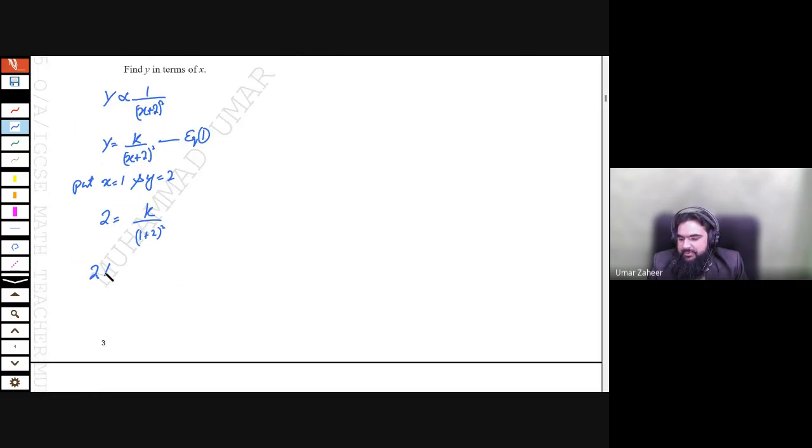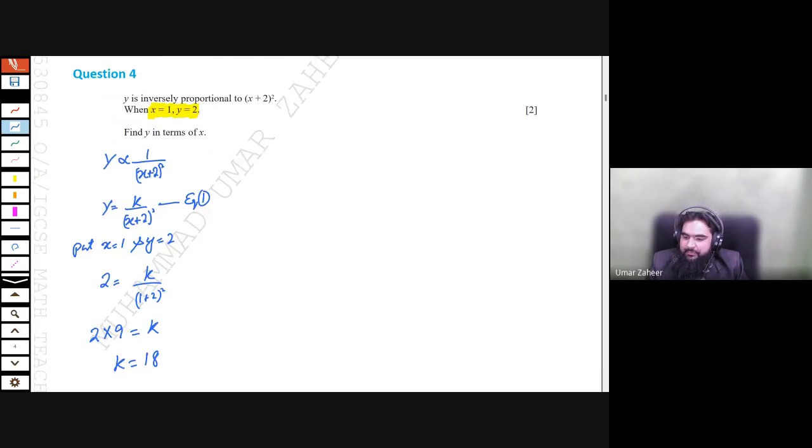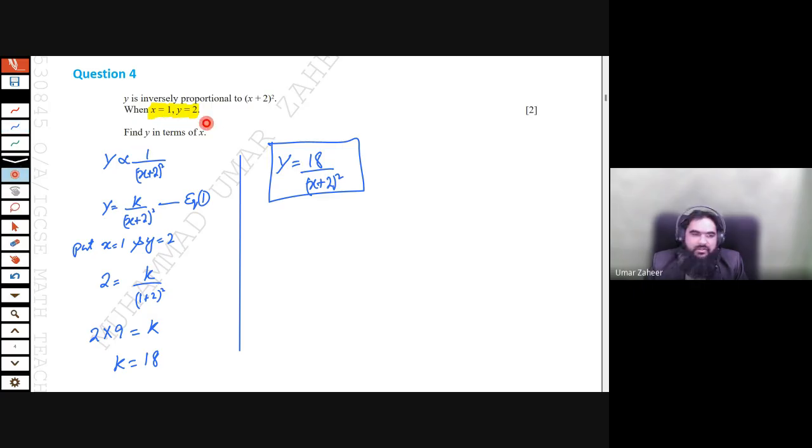So 2 multiplied by 9 is equal to k. So we get k is equal to 18. Now my equation becomes y is equal to 18 divided by x plus 2 whole square. This is basically the main relation, y in terms of x.